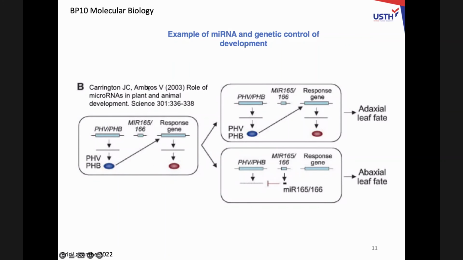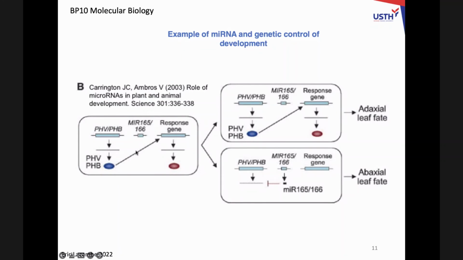The regulation that determines which cells express the red protein and which do not is under the control of a microRNA gene. And the regulation is like that: you've got a master regulator. It is a transcription factor.